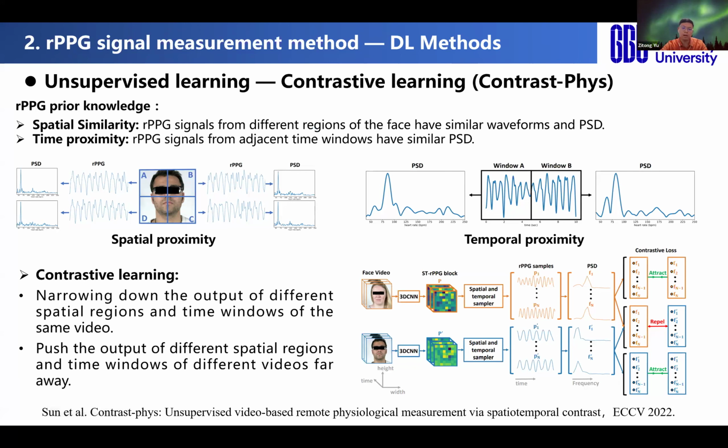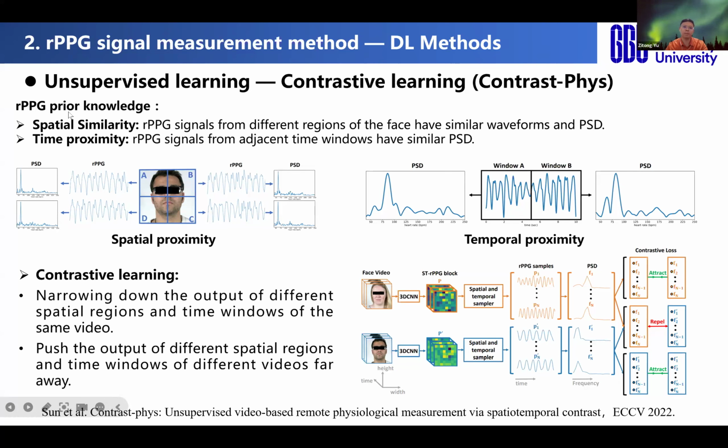The reason is that the current RPG datasets are very small scale due to the very high cost of collecting large-scale labeled data, because they must measure the ground truth using contact sensors, which is very time-consuming and inconvenient. And this is Contrast-Phys. This is a very classical unsupervised RPG learning method.